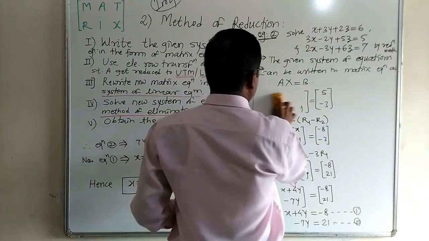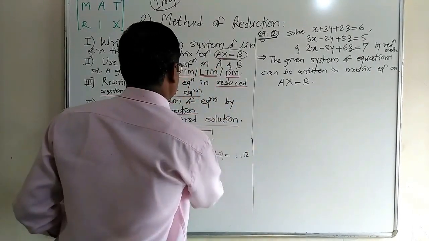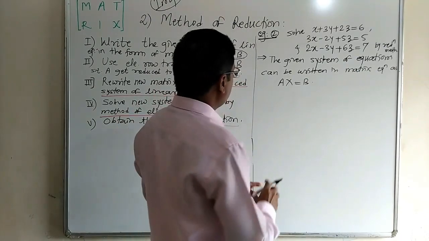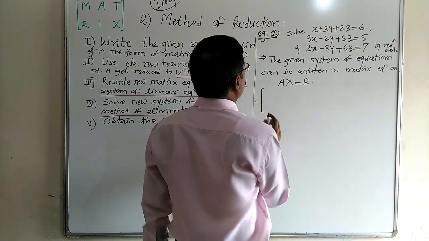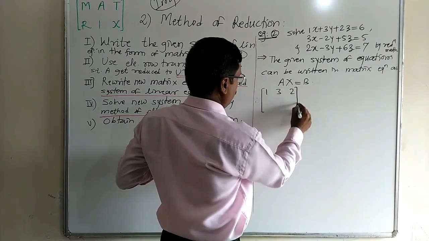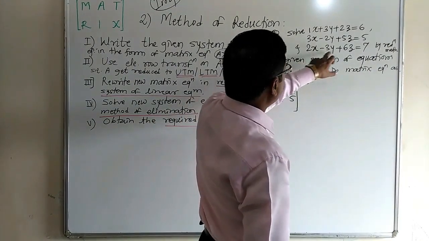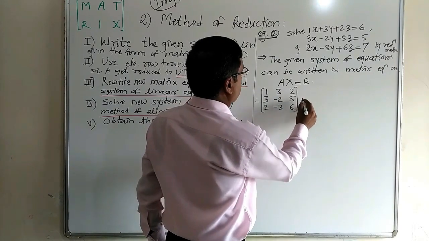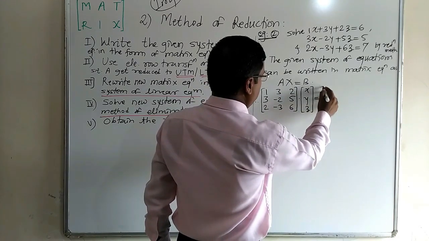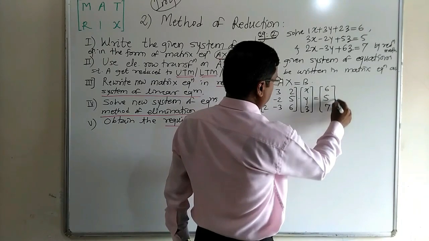So here we get these equations as: the coefficients of x, y, z are 1, 3, 2, 3, minus 2, 5, and last 2, minus 3, 6, into the variables x, y, z, that is equal to, by observation, the matrix of constants 6, 5 and 7.